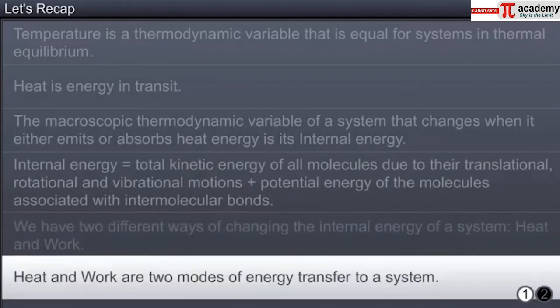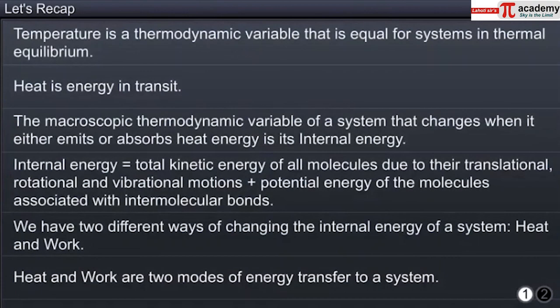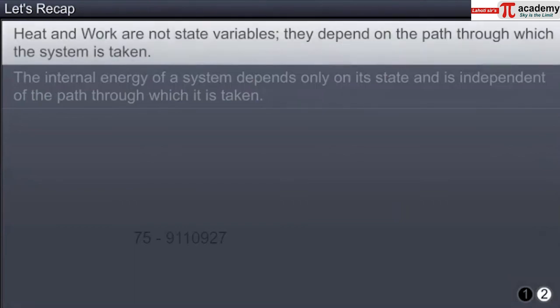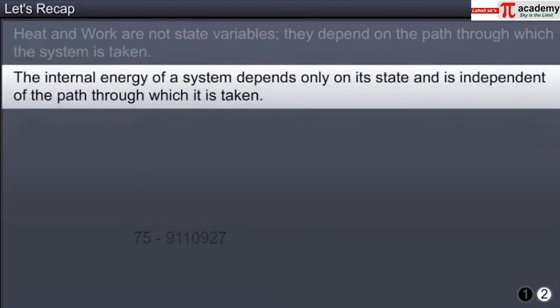Heat and work are two modes of energy transfer to a system. Heat and work are not state variables. They depend on the path through which the system is taken. The internal energy of a system depends only on its state and is independent of the path through which it is taken.